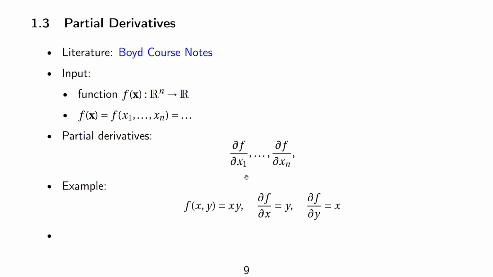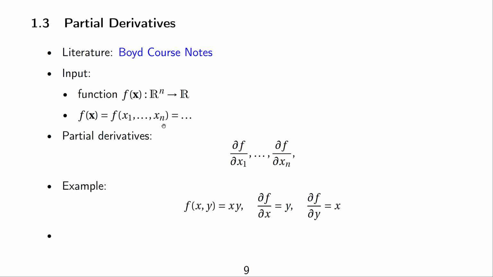So what does this first element here tell us? It says, how does the output change with a small change in the variable x1, and so on and so forth until here. How does the output of the function change with a small change in xn?